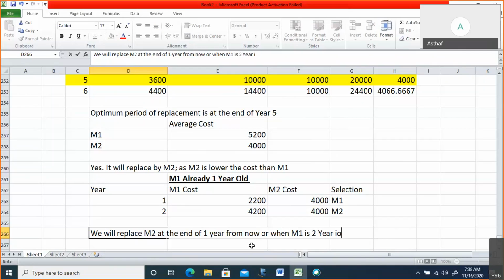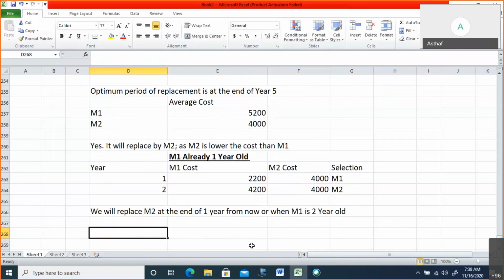2 years old. See, I will tell you the meaning, a little interesting. Here M1, year 2, we have M2. So we have to replace here. So when you want to replace is at the end of year 1 from now, or M1 is already 1 year old, so 1 more year will become 2.